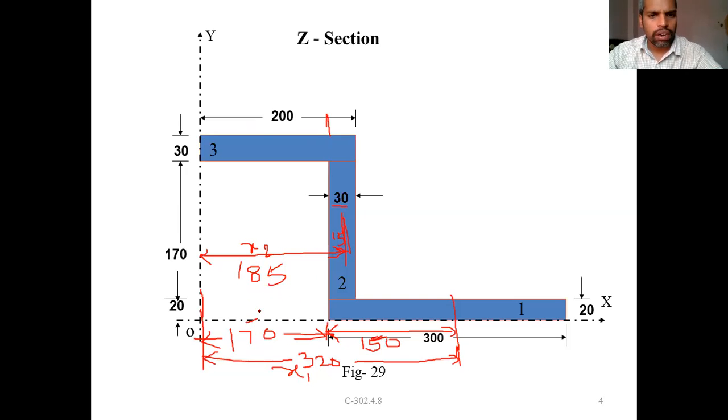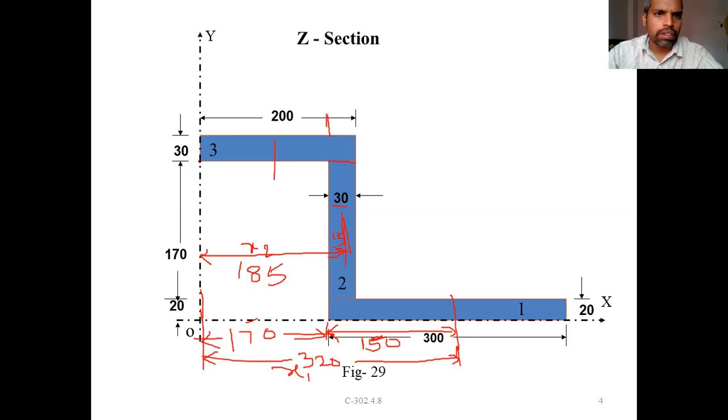Now we have x1 and x2. Similarly, let us calculate x3. So x3 is somewhere at the midpoint here. For this rectangle, we have to consider the total entire distance, that is 200.